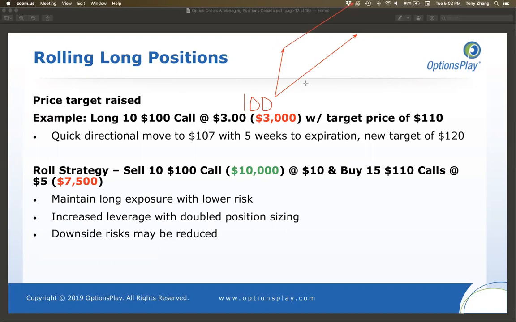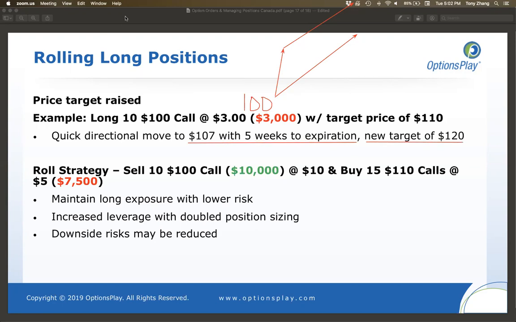Because of this unexpected news event or earnings or whatever it is, you now have a raised target price. So you get a quick directional move to 107 with 5 weeks left to expiration, and now you have a new target price of $120.